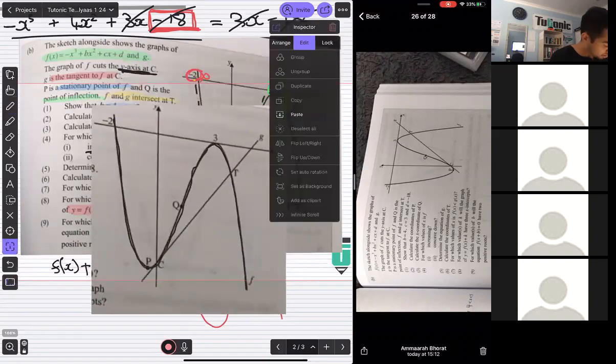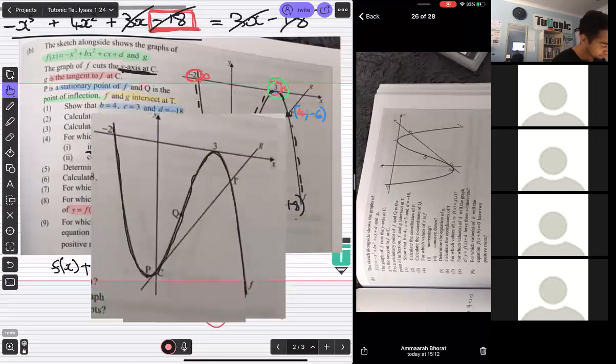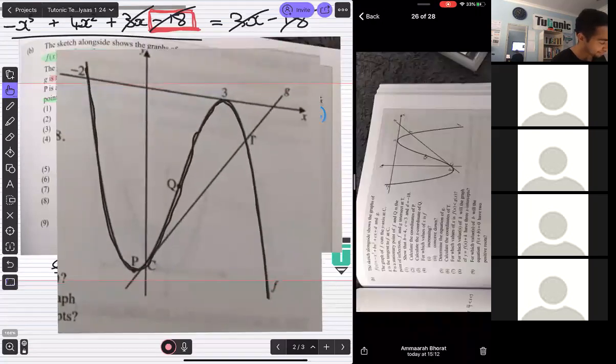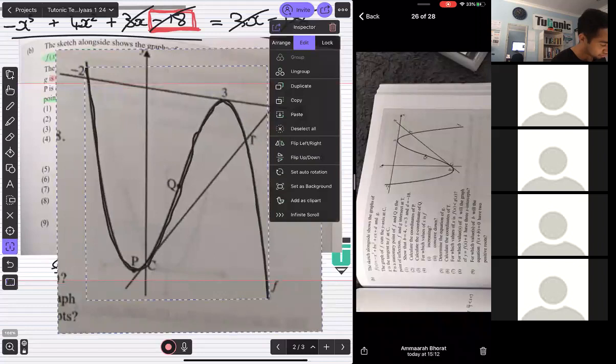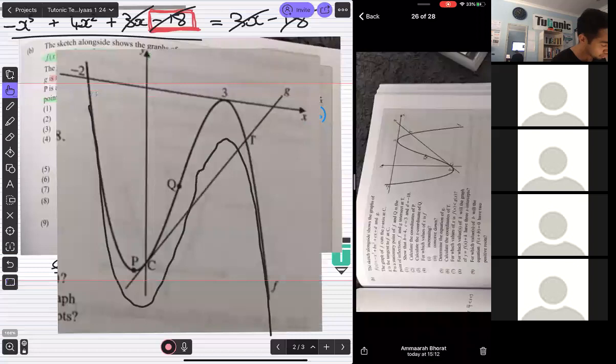So the question is asking you for what values of k will it have 3 x-intercepts. So at the moment, how many x-intercepts does it have? 2. Right. Okay, 2. If I shift it down, how many? 0. 1, because remember this one goes on.